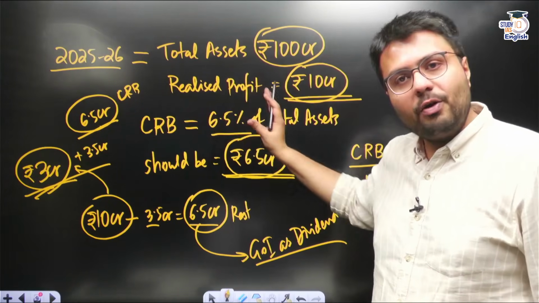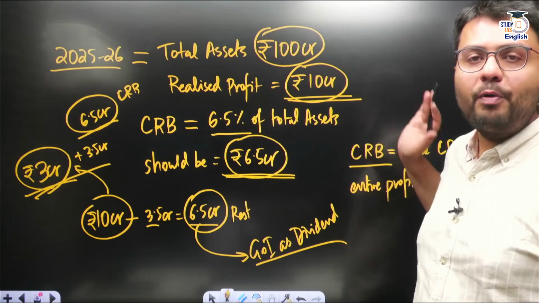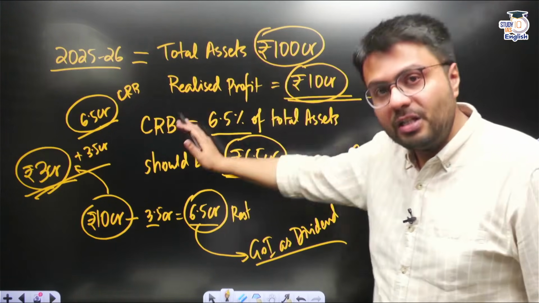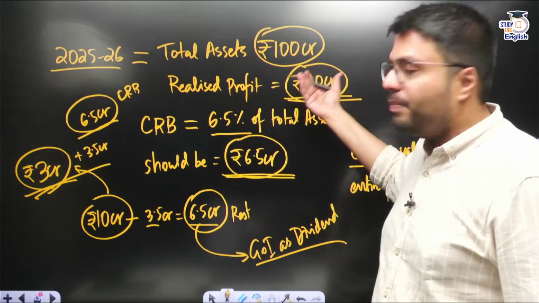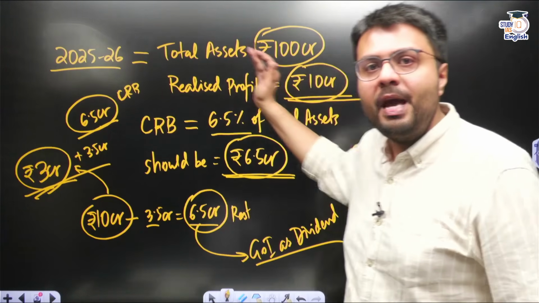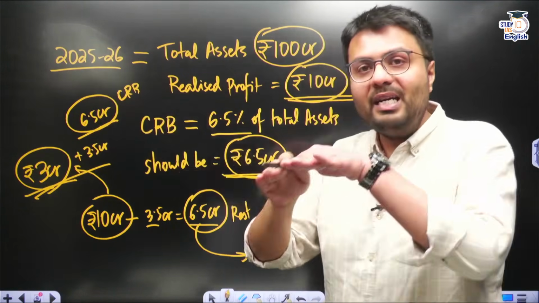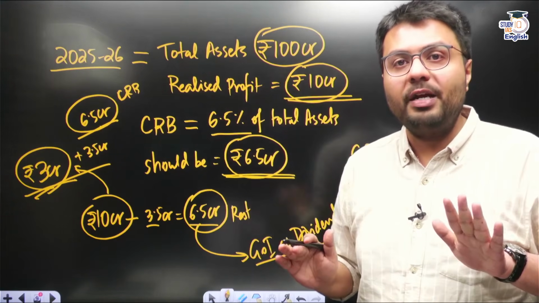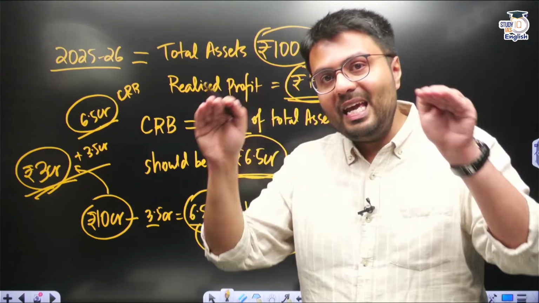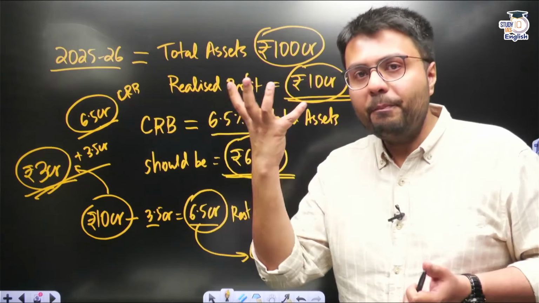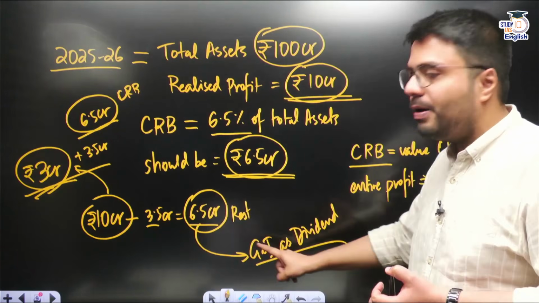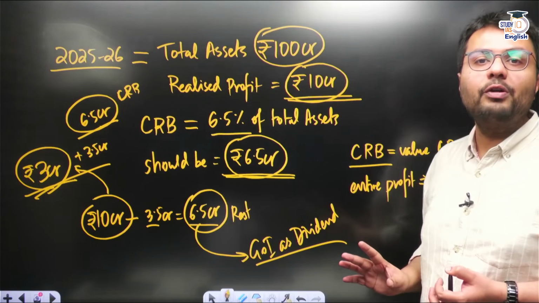If CRB is equal to 6.5 crore, the entire profit will be sent to the government. If it is not 6.5 crore rupees, then RBI would, from its realized profit, make provision for the CRB so that it becomes equal to the threshold. And after making it equal to the threshold, whatever profit is left with RBI will be transferred to the government as a part of its dividend.